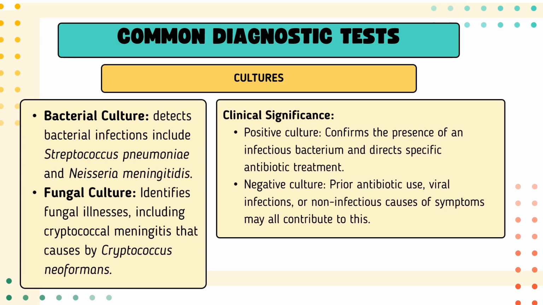Neisseria meningitidis is a gram-negative bacterium that causes meningococcal disease that affects all ages, including the healthy young adults, and causes bloodstream infections. For fungal culture, identifies fungal illnesses, including cryptococcal meningitis that is caused by Cryptococcus neoformans.